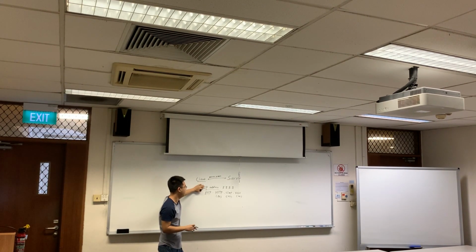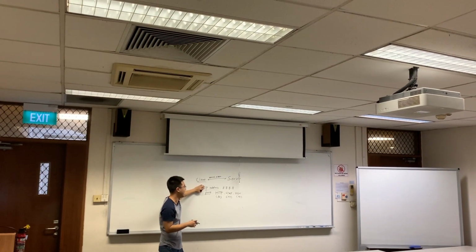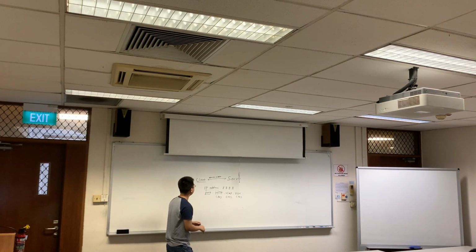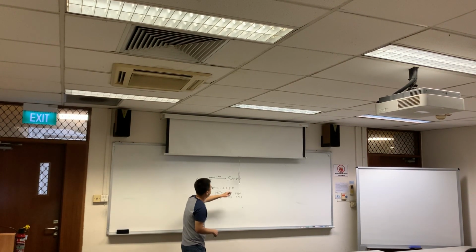Generally speaking, the IP address is used to locate the machine you are communicating with, and the port is used to differentiate which application you are communicating with. So it's like two levels.